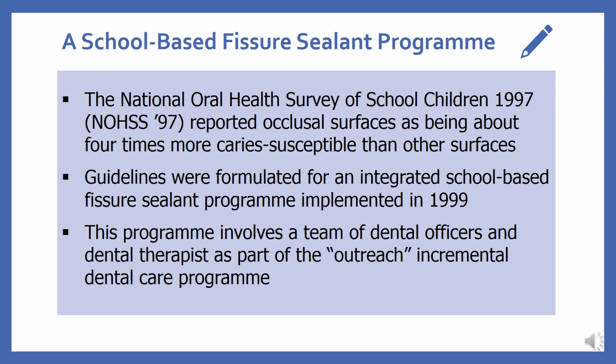Because in the same survey, it was also reported that occlusal surfaces as being about 4 times more carie susceptible than other surfaces. Subsequently, guidelines were formulated for integrated school-based Fissure Sealant program, and it was implemented in 1999. Now, this program involves a team of dental officers and dental therapists as part of the outreach incremental dental care program.